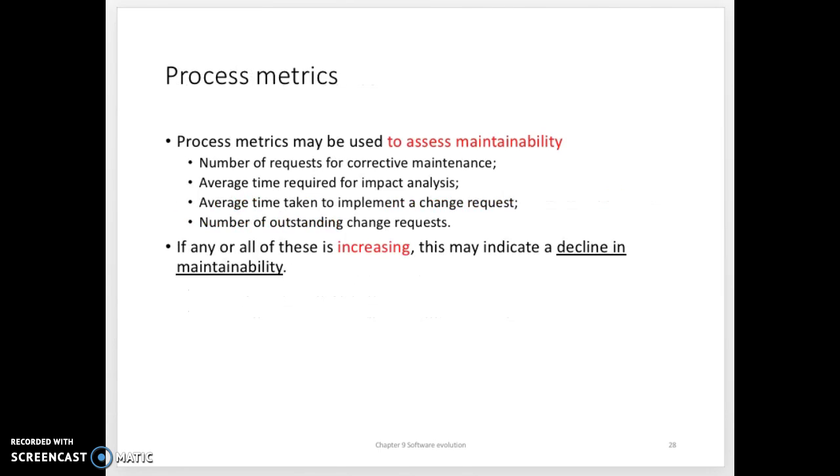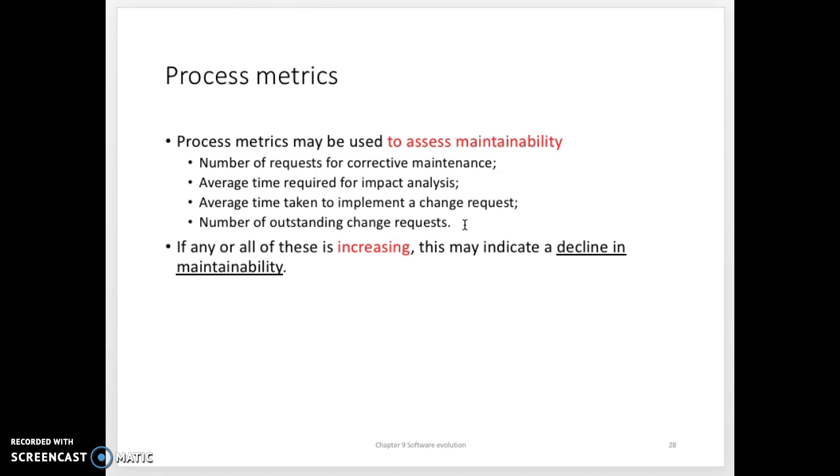Process metrics can be used to assess maintainability, such as number of requests for corrective maintenance, average time required for impact analysis, average time taken to implement a change request, and number of outstanding change requests.